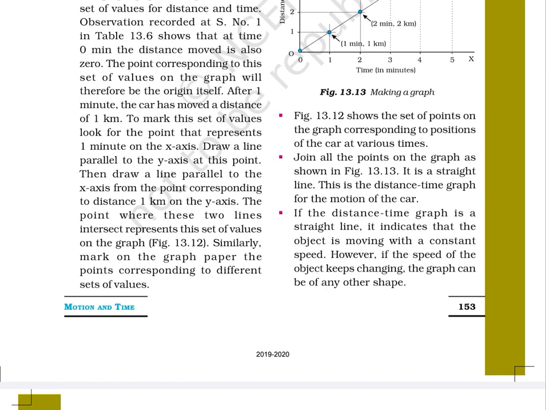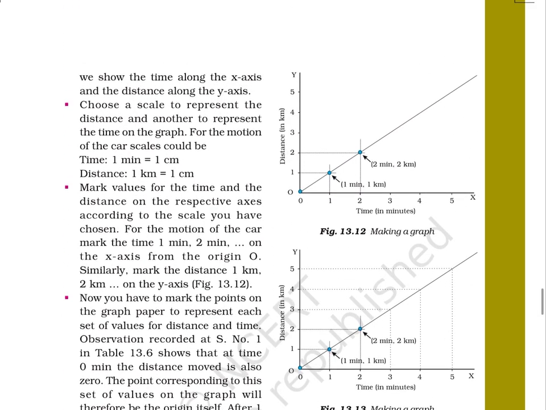Figure 13.12. Making a graph. Here we have a graph which has x and y axis. The x-axis represents time in minutes. The y-axis represents distance in kilometers.